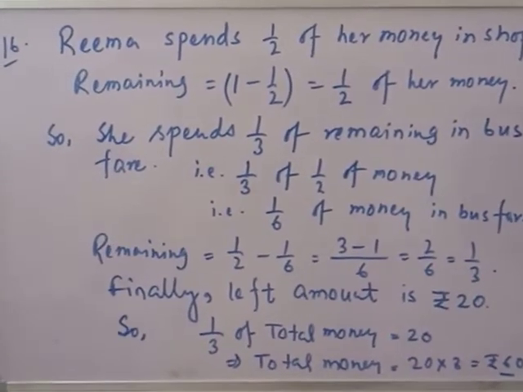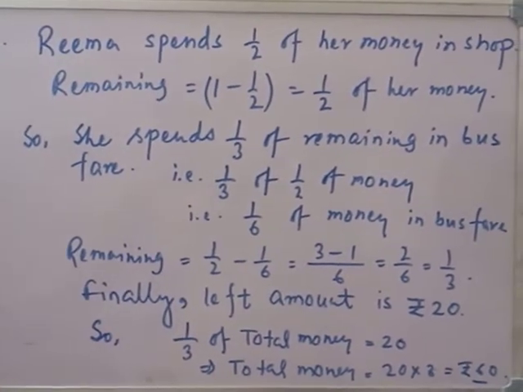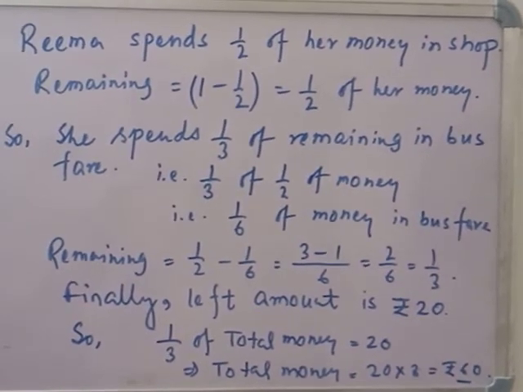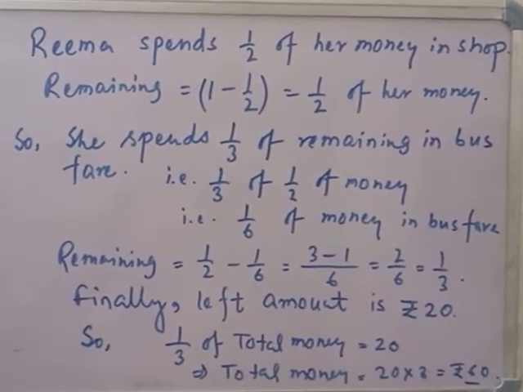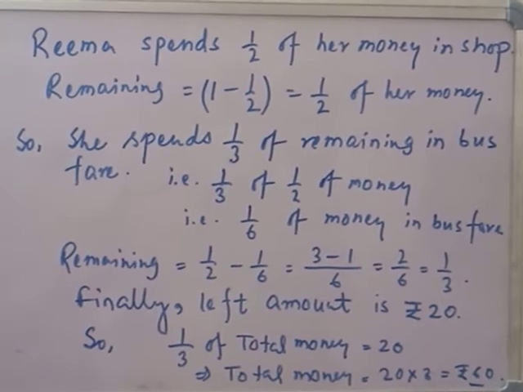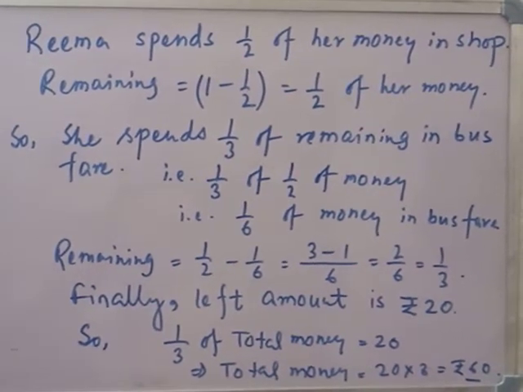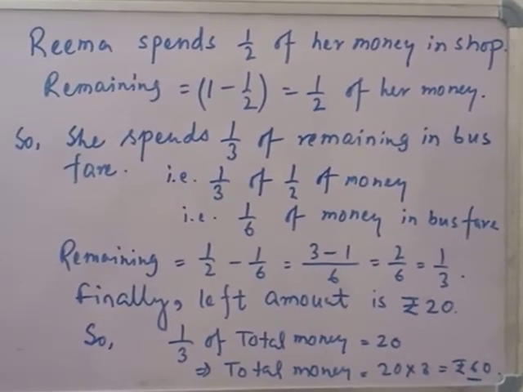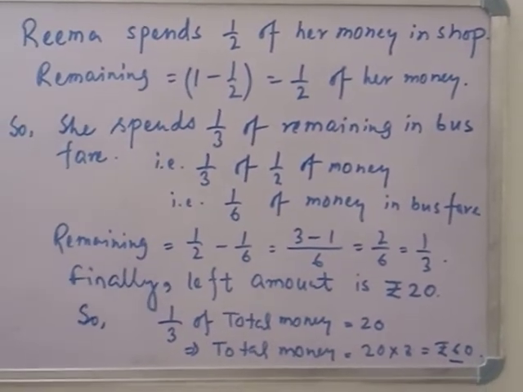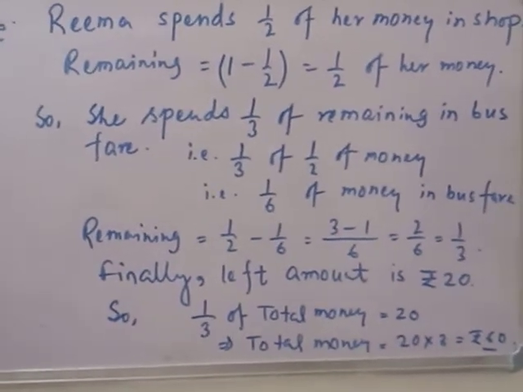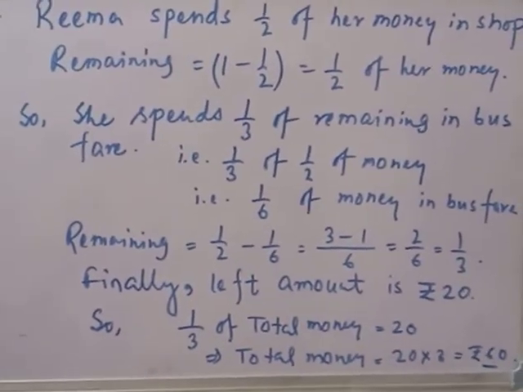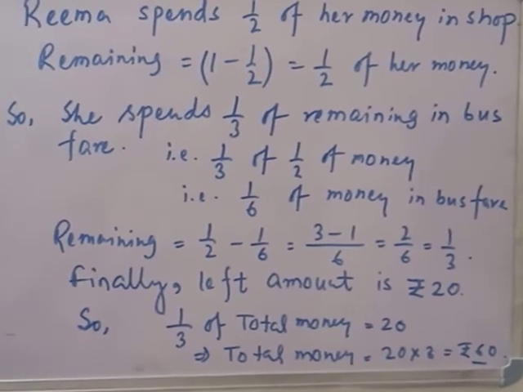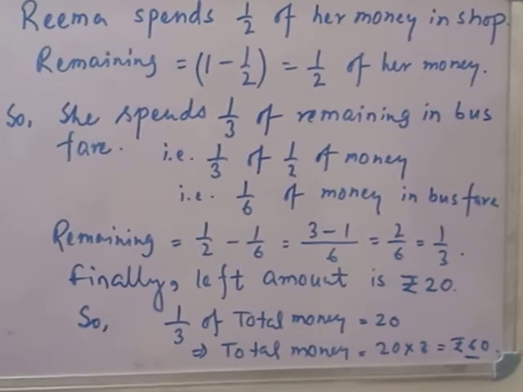In number 16, Rima spends 1 by 2 of her money in a shop. So if Rima has total money 1, then the remaining is 1 minus 1 by 2, that is 1 by 2 of her money. Now she spends 1 by 3 of the remaining on bus fare. That means 1 by 3 of 1 by 2 of her money, that is 1 by 3 into 1 by 2, that is 1 by 6.